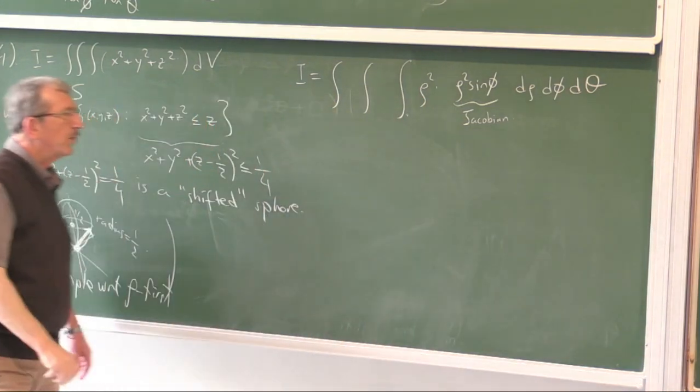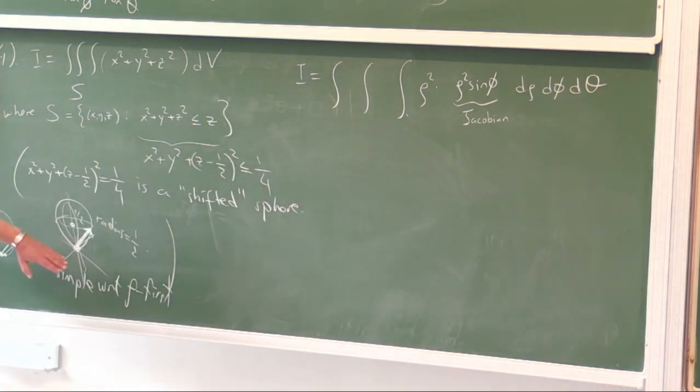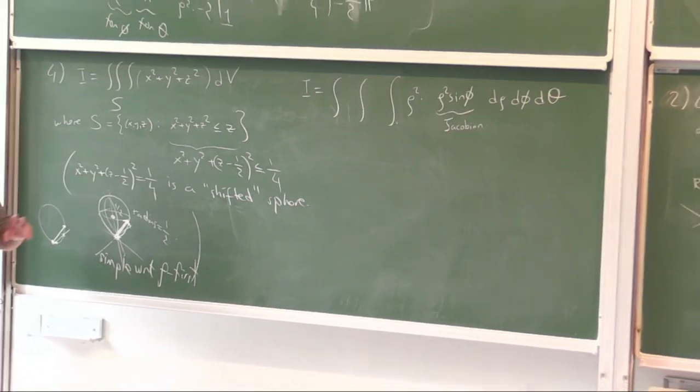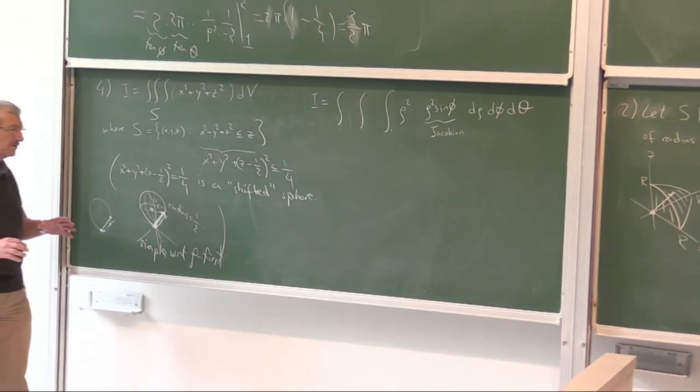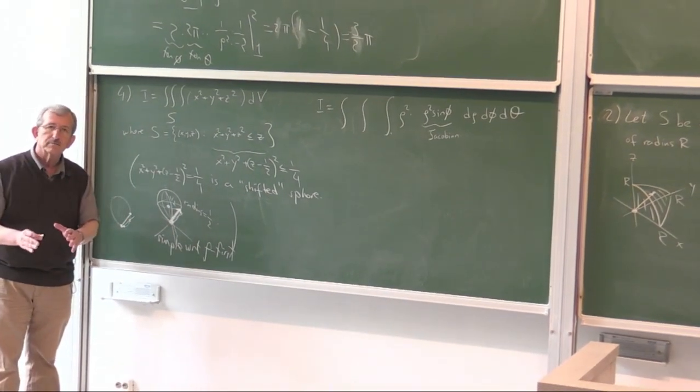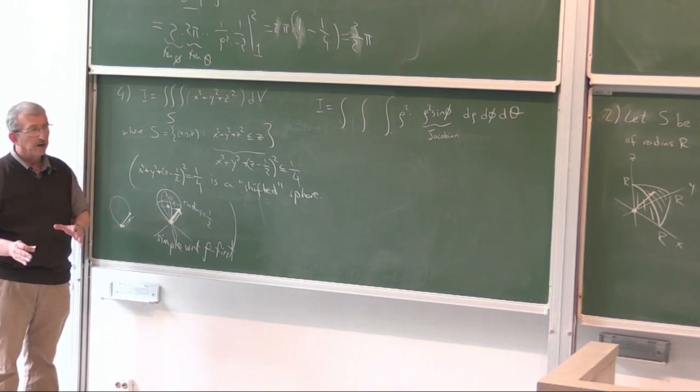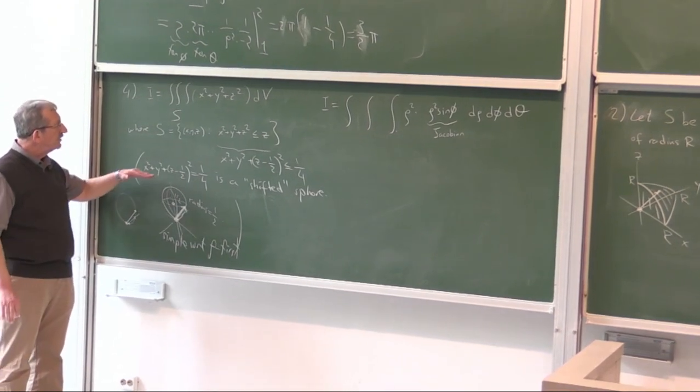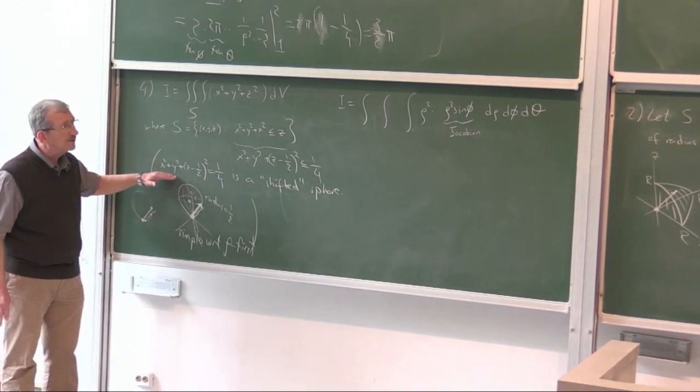Now, let us go again step by step. Rho starts from 0 up to the sphere. But because it's a shifted sphere, the sphere is not rho equal to constant. We have to be careful there. We have to change this equation into a spherical system.